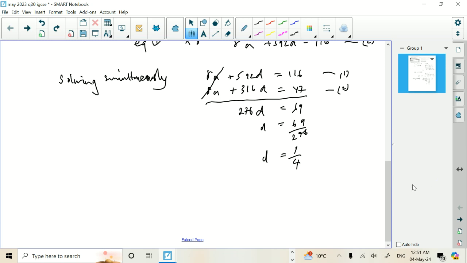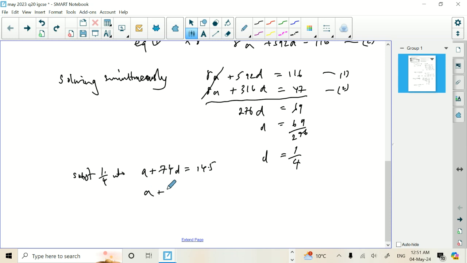Now, substitute 1/4 into a plus (n minus 1)d is equal to 14.5, so a plus 74d is equal to 14.5. What do you get?